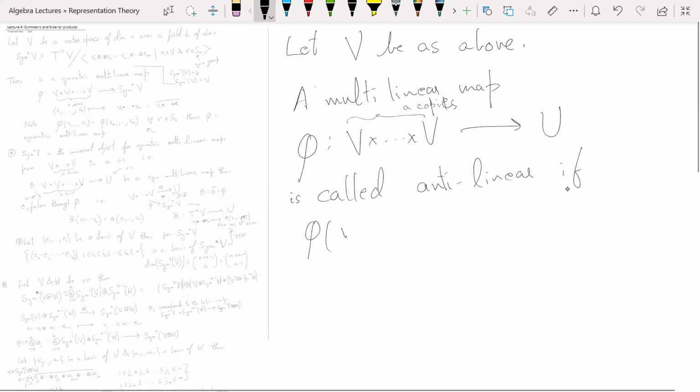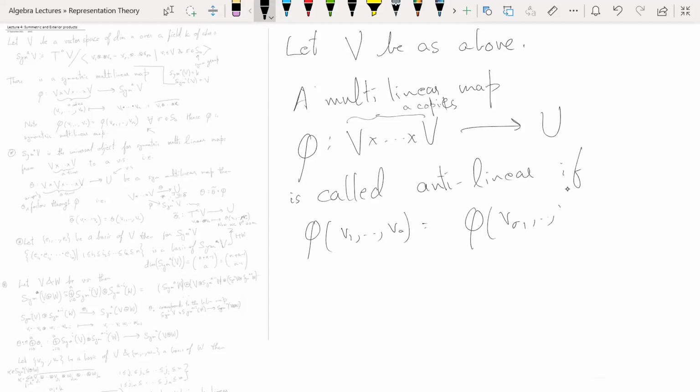Phi of V1 to VA is not the same as phi of V sigma 1 to V sigma A, but almost. The only difference is by sign sigma, for all sigma in SA, and this is the symmetric group.